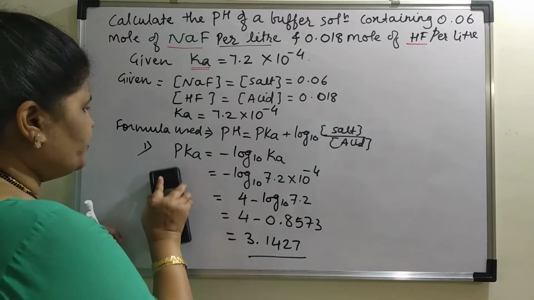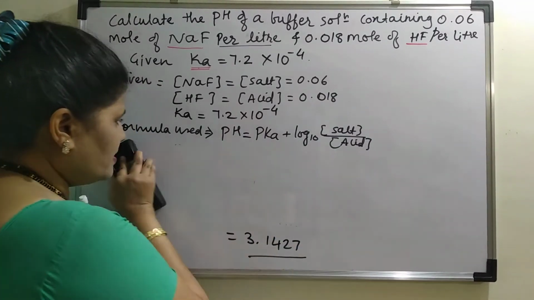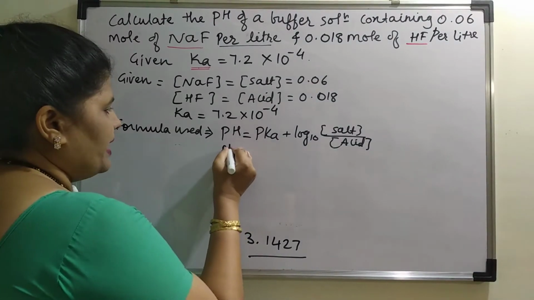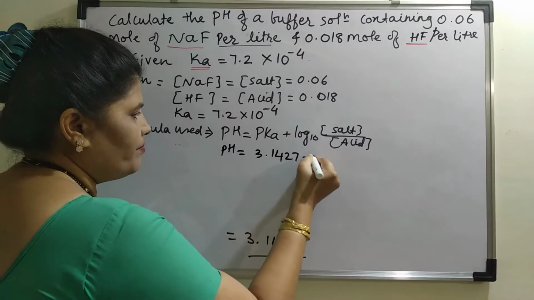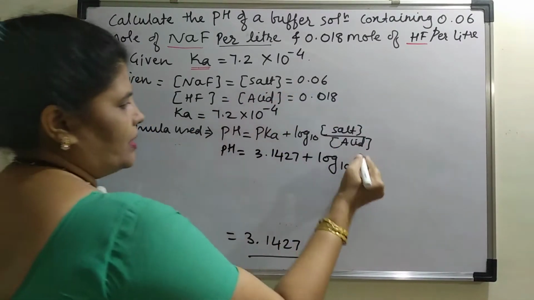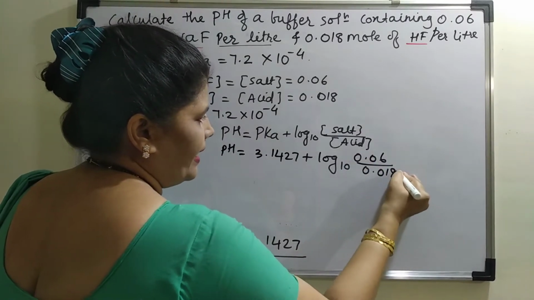So let us substitute this value in this equation. Now what we have here is pH is equal to 3.1427 plus log to the base 10 of salt concentration 0.06 upon 0.018.